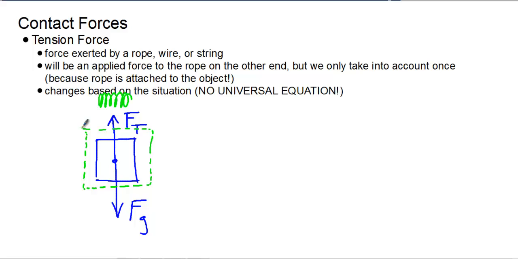The applied force up here is not directly applied to the elevator. It's applied via the rope, wire, or string. So we have to only include this as being the FT, not as being an FT and an FA. If you want to call it FA, that's fine, but FT is technically more correct.